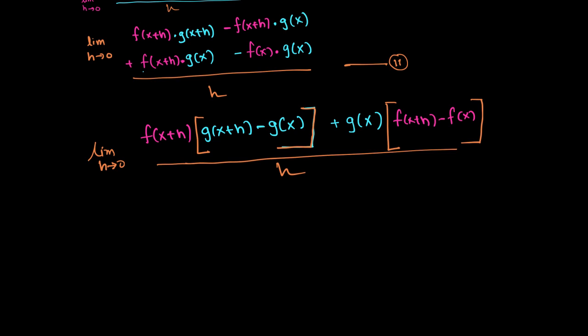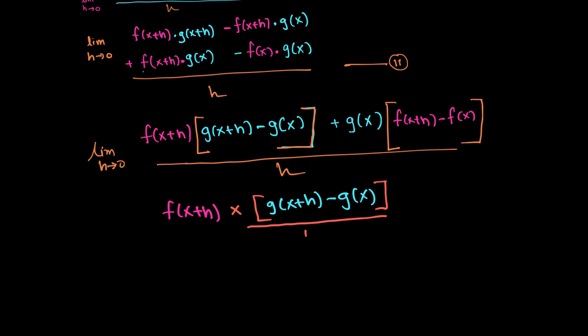So what I can do is I can write this as f of x plus h, and then we have the g of x plus h minus g of x by h multiplied, right? But what I will do is I will write it in this form. I will multiply this whole expression, would be written g of x plus h minus g of x, but the h will be divided onto this one, right? Because both of them are multiplied, so it doesn't matter in which denominator you place it, just place it somewhere.